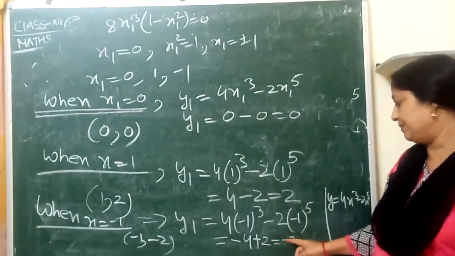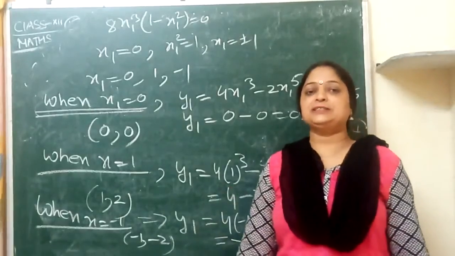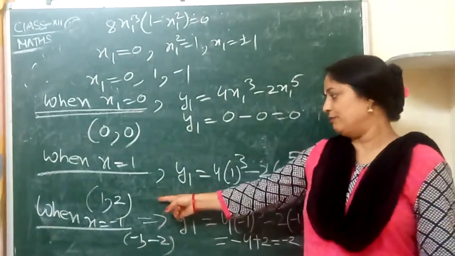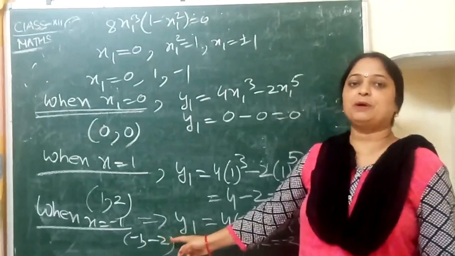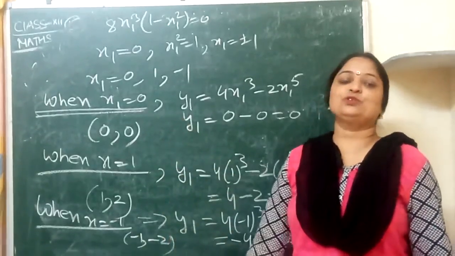So that will come minus 2. So it means 3 points are coming here, that is 0, 0, 1, 2 and minus 1, minus 2. So this was the solution of question number 18.